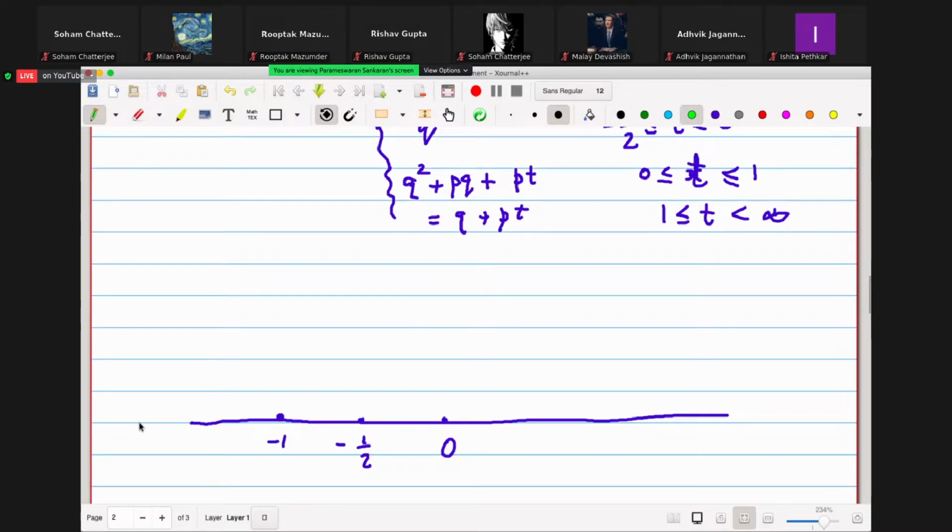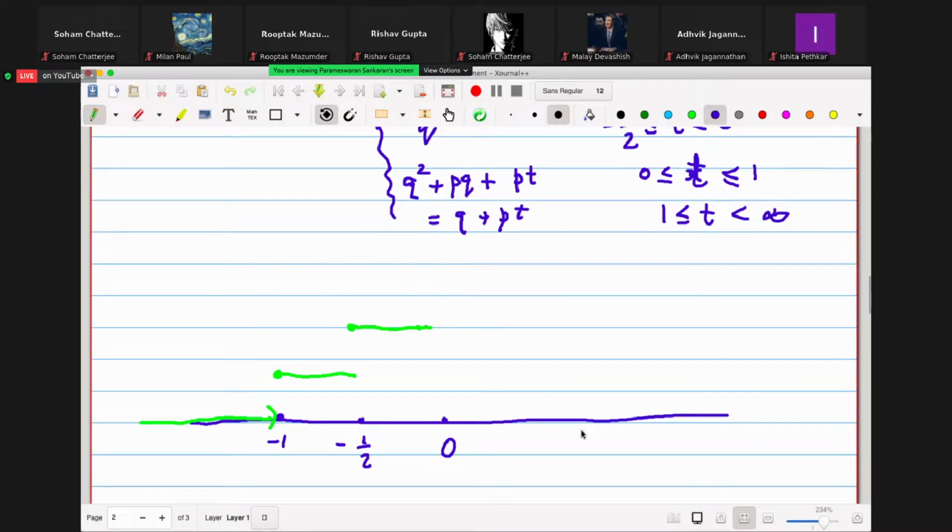Up to -1 and not including -1, it is here. And when it is -1, it becomes q square. I draw that here. This is the graph. And it stays like this up to, but not including, when t is -half. And when t is -half, it becomes q. And it stays like this up to some time. And then onwards, it becomes, so here is 1.